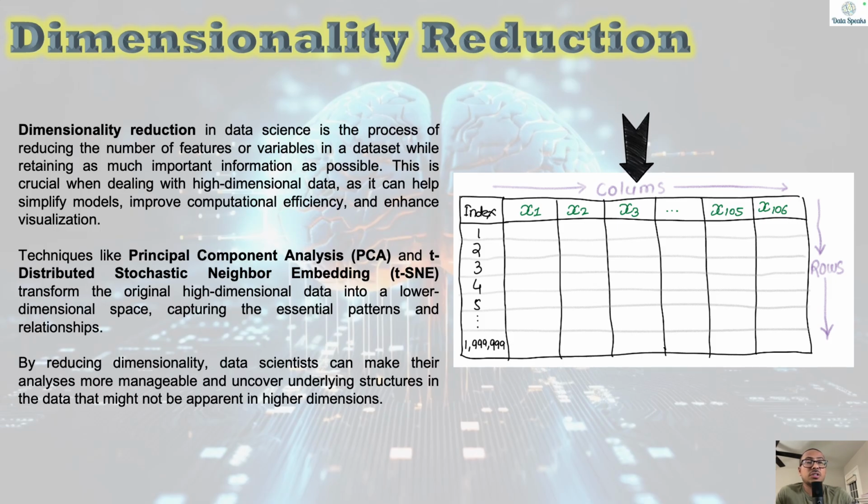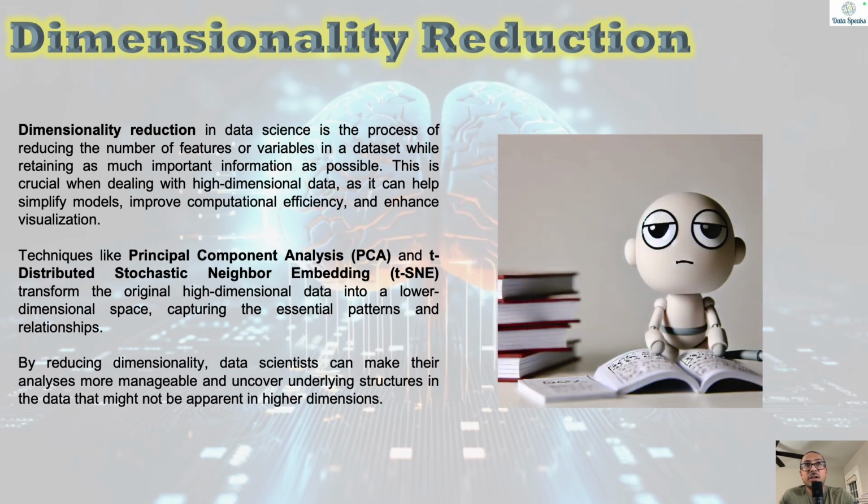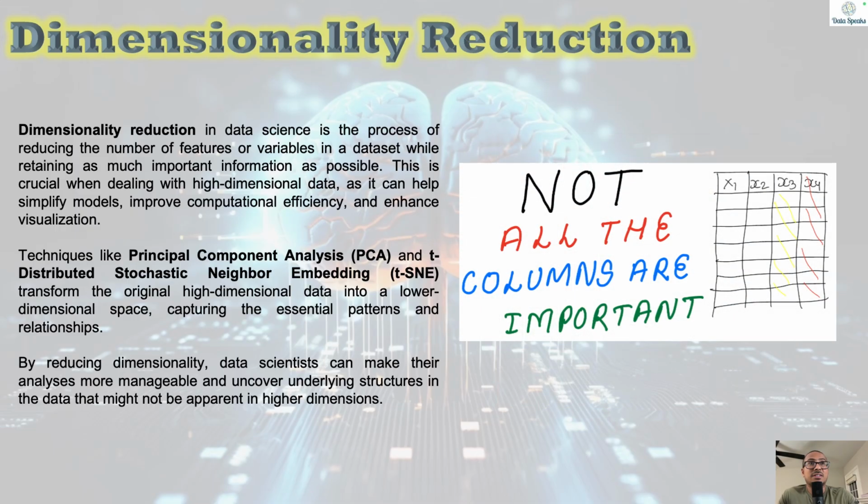When you have a large number of columns, your machine learning model has to learn a lot from the data, and it's not necessary that each individual column is equally important for the model to learn from the data. Many times we have seen in real-world scenarios that columns do not add any value for the model to learn from the data and get trained to predict the unseen labels.